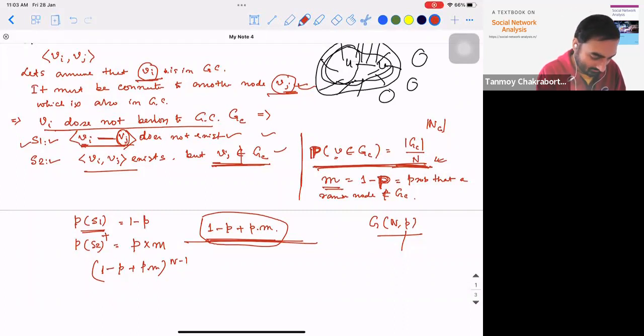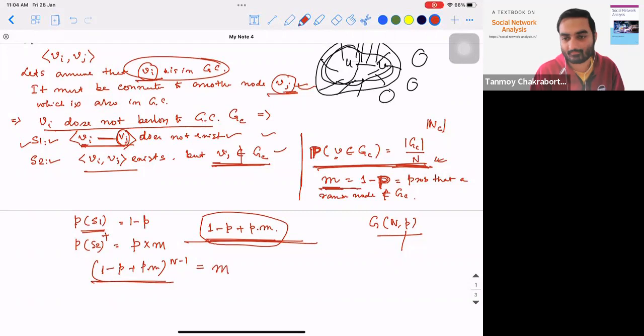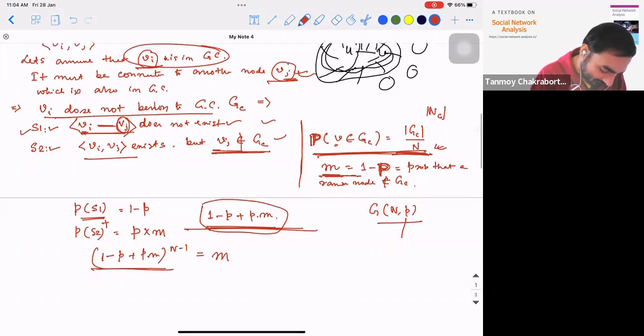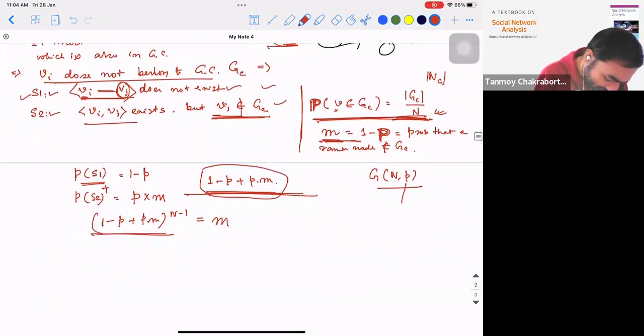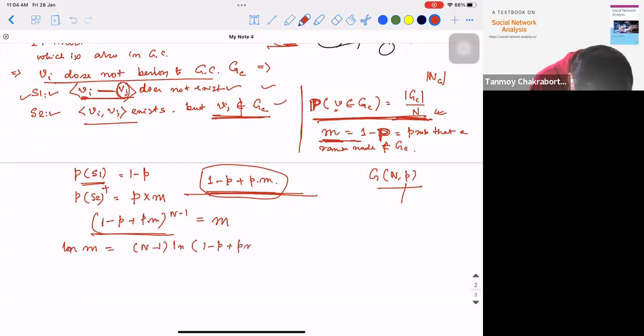Now look at this. This is the same as M. So if you take log on both sides, ln of M equals n-1 times ln of 1 minus p plus pM.